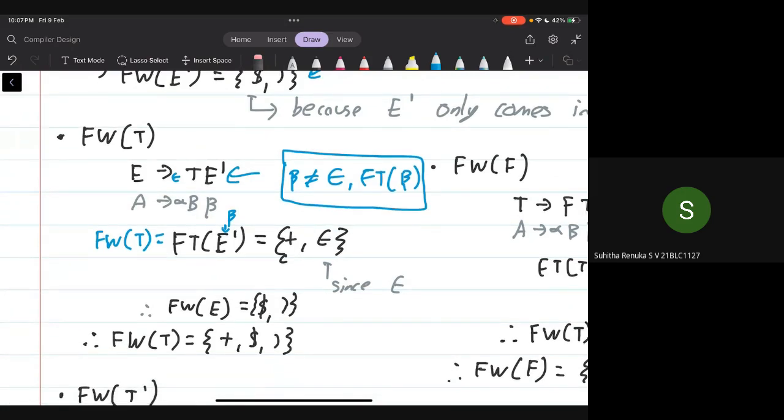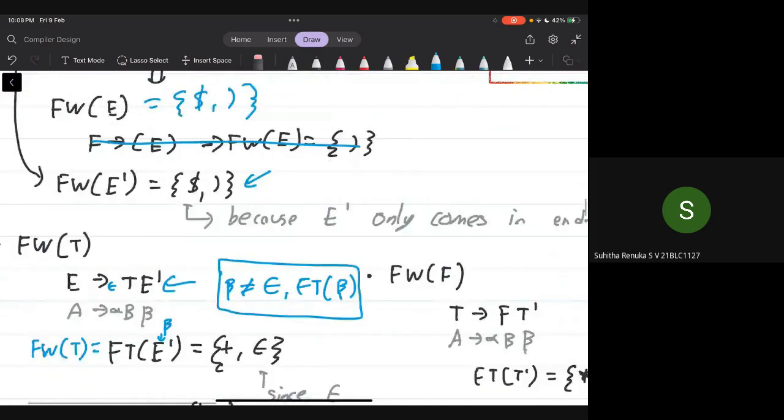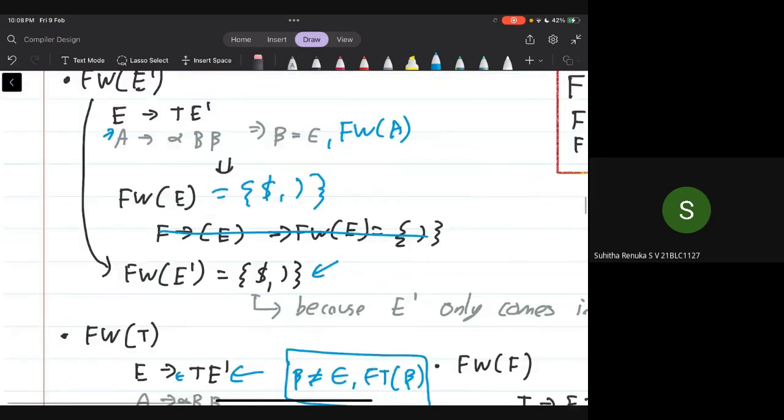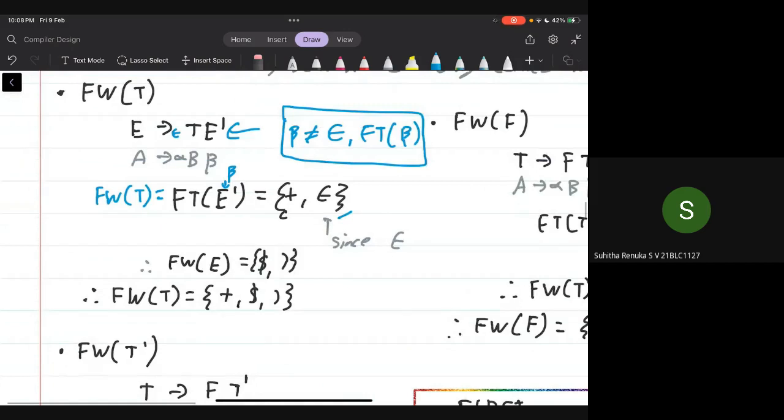And what is first of E dash? We found it above to be plus and epsilon. Since there is epsilon here, you have to find the follow of E, which is follow of A.